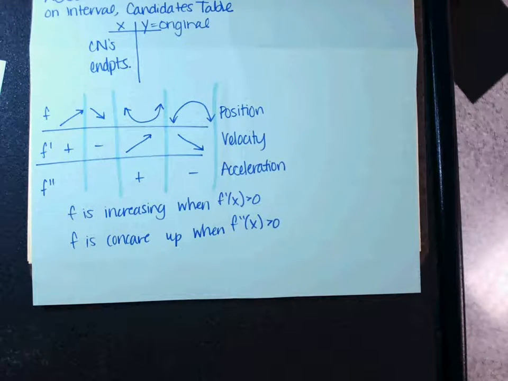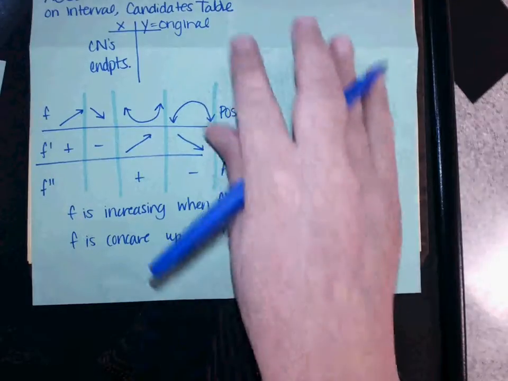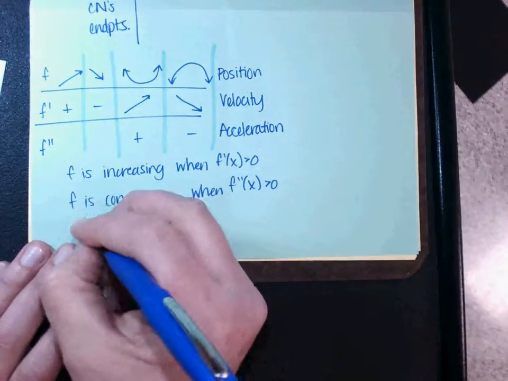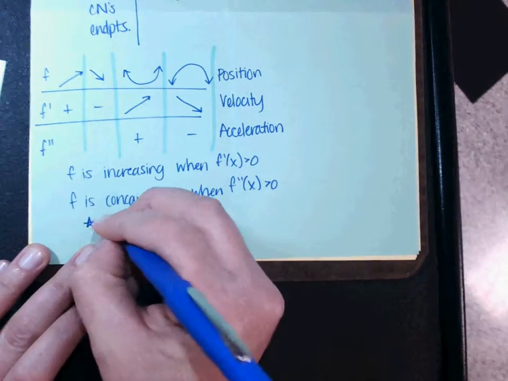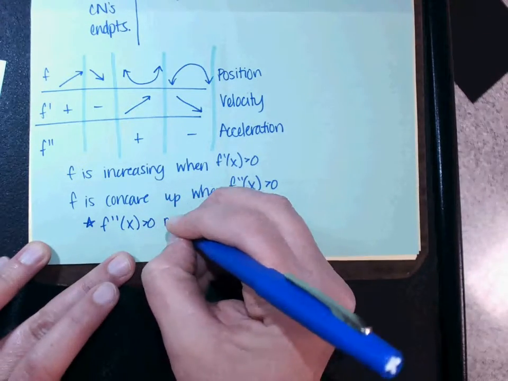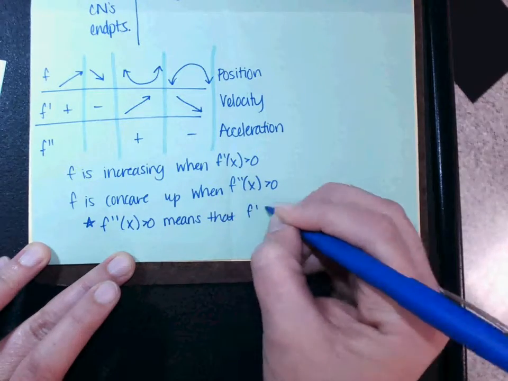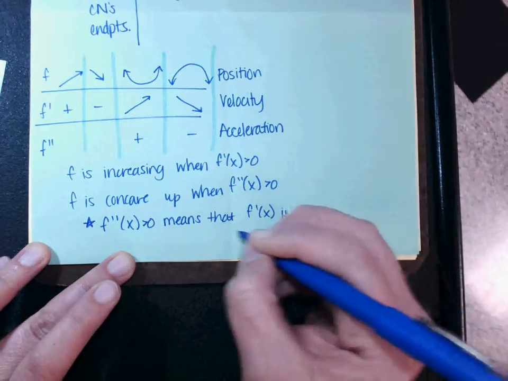Okay. Now, if f is concave up and f double prime is greater than 0, you could also say, we're going to put just a little star here, that if f double prime of x is greater than 0, that does also mean that f prime of x is increasing.